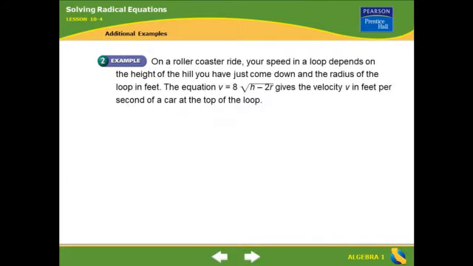Another example. On a roller coaster ride, your speed in a loop depends on the height of the hill you have just come down and the radius of the loop in feet. The equation v equals 8 times the square root of h minus 2r gives the velocity in feet per second of a car at the top of the loop.